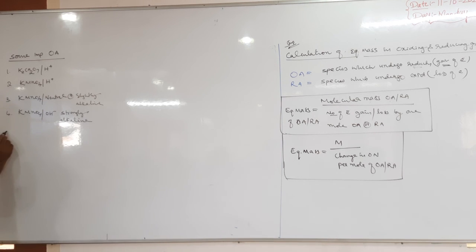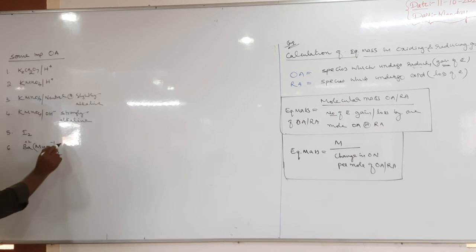Next, fifth one, iodine can also be used as an oxidizing agent. Next, sixth one, in place of potassium permanganate, you can take barium permanganate, Ba(MnO4)2, because barium is +2 and permanganate is -1.